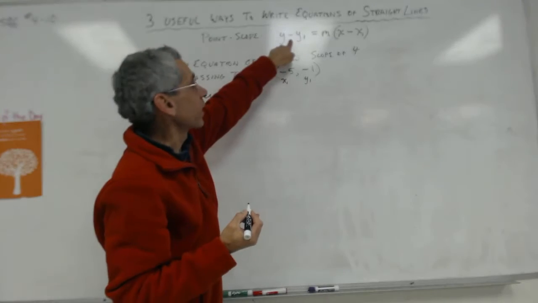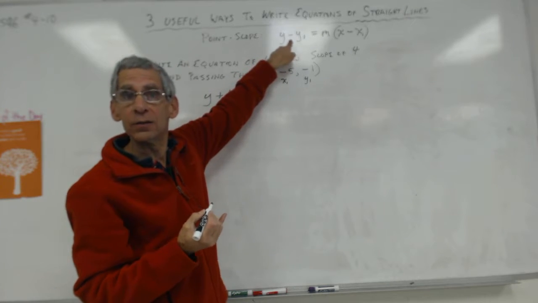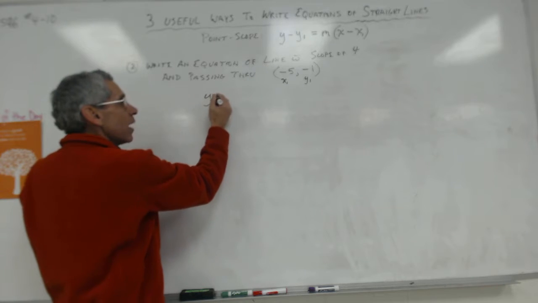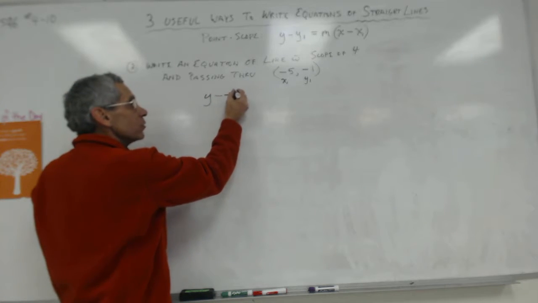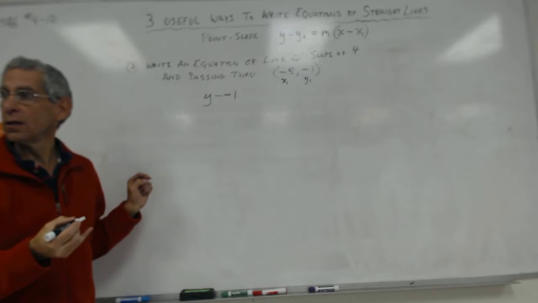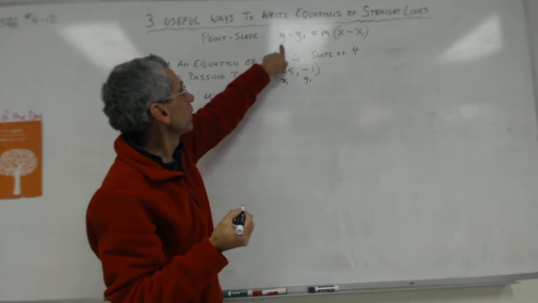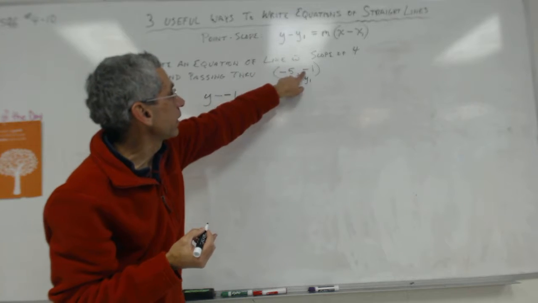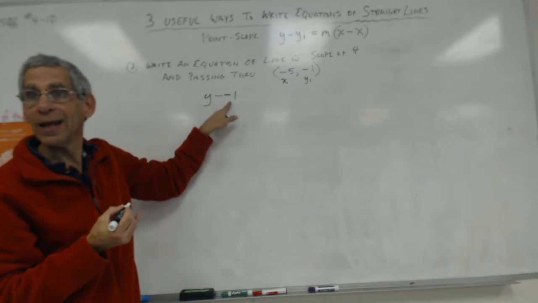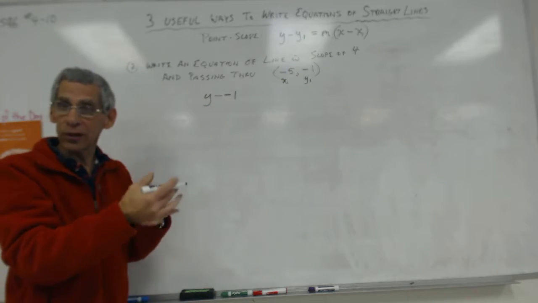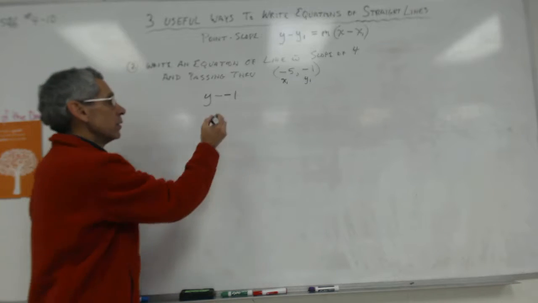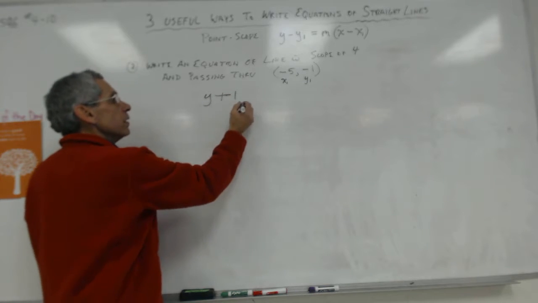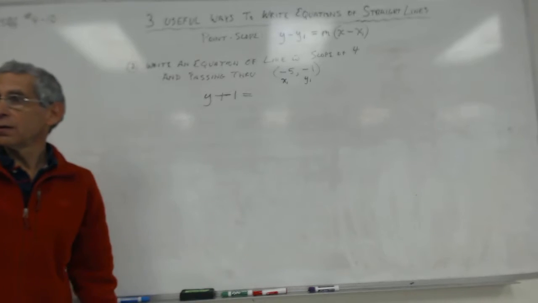Because look, the formula is a minus. So technically it's y minus a -1. The formula is y minus y1, and y1 is -1. So y minus -1 has to be plus 1. Does that make sense? Yeah. So it's plus 1 equals, keep going, Kara.